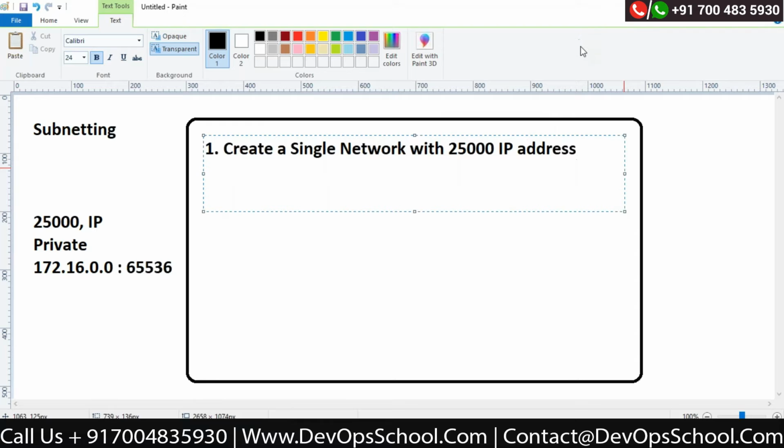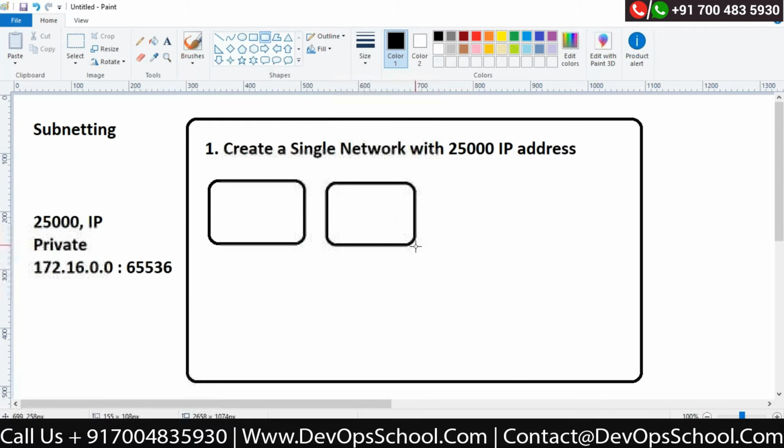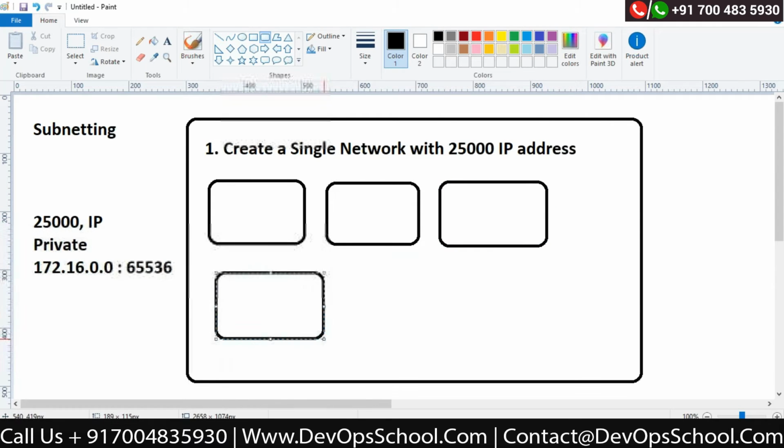But here is the challenge. Technically it is possible, but let's say I have some management department in Capgemini, some IT department, some network department, some finance department, HR department.